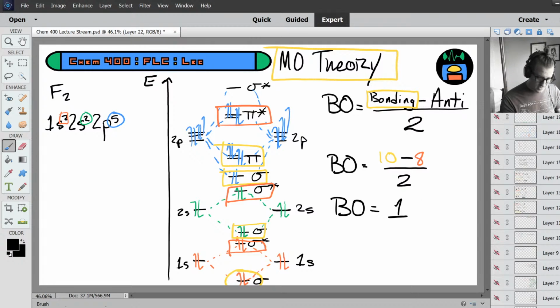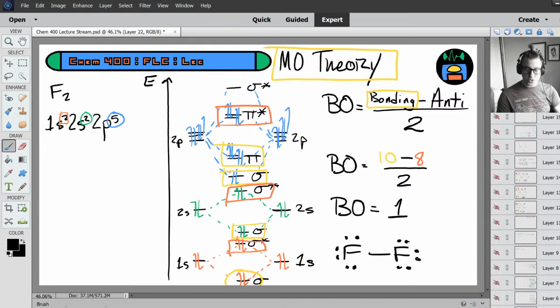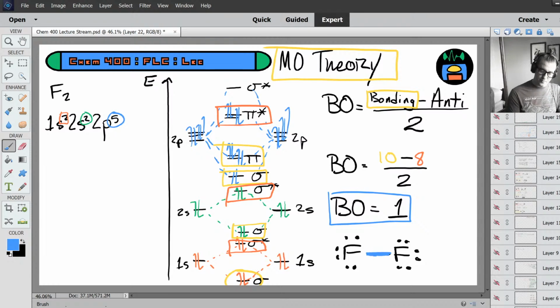And you'll notice that is also consistent with our Lewis dot structure. If you look at the Lewis dot structure for F2, it has a single bond, which is what a bond order of 1 actually means. So there's the molecular orbital diagram and bond order of the molecule difluorine, F2.